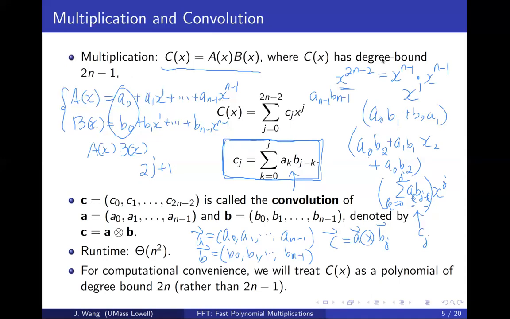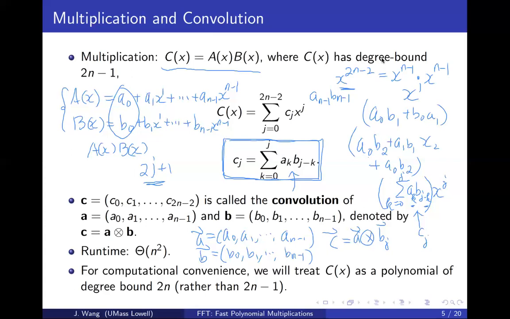So for each j, it takes this many operations to compute Cj. We just write it in this form.